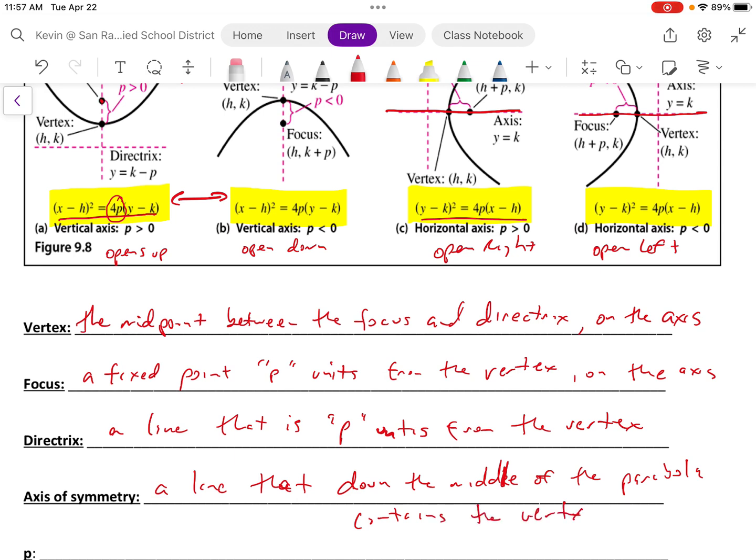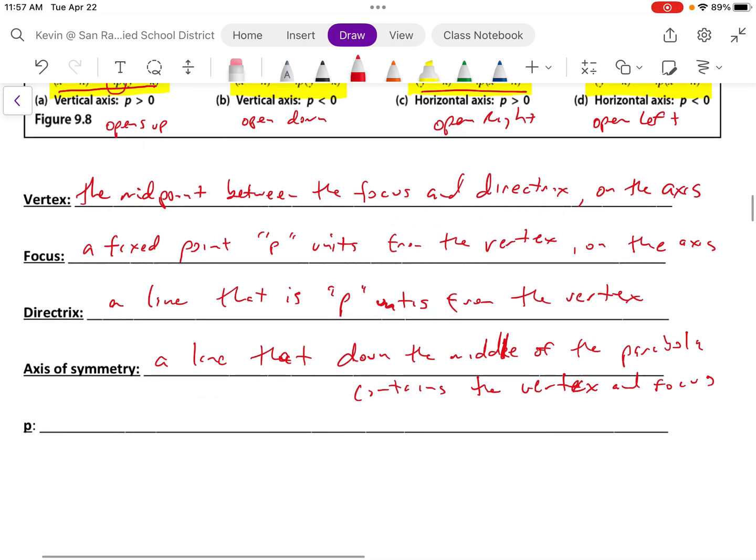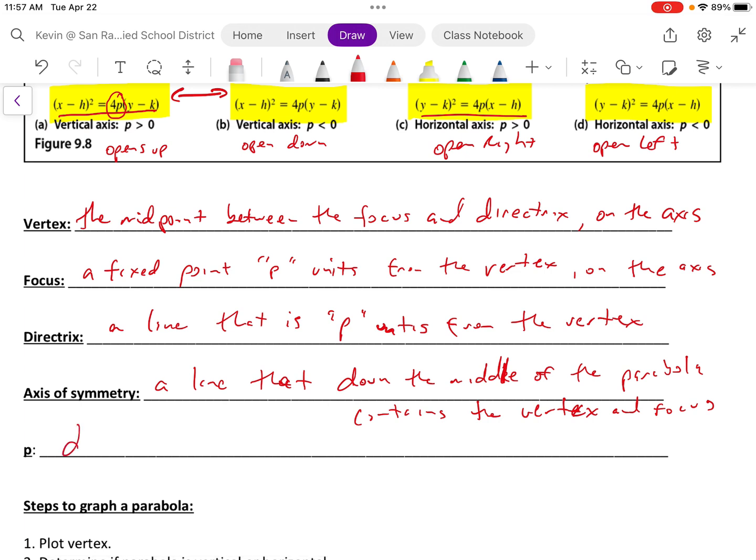Okay, the axis of symmetry contains the vertex and the focus. They are on that axis of symmetry.